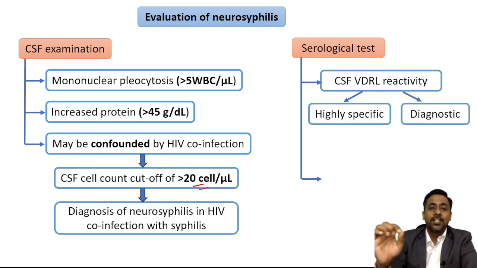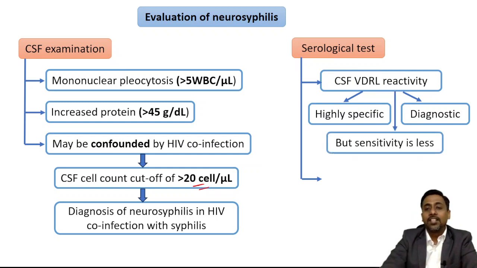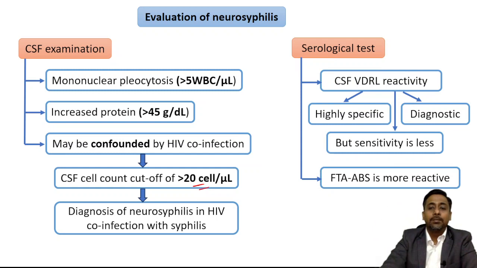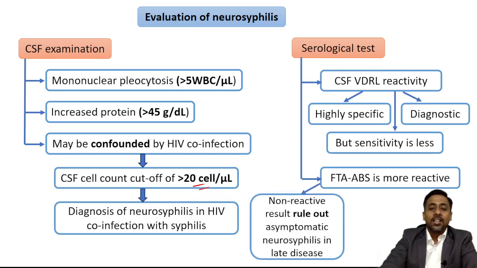So if CSF VDRL is reactive, it is diagnostic of neurosyphilis, but the sensitivity is less. FTA-ABS is more reactive compared to CSF VDRL in all the stages, and if a non-reactive result occurs with FTA-ABS, it will rule out asymptomatic neurosyphilis in late disease, but not in early disease because of absence of antibodies. Okay, so these are the tests which can be performed for evaluating a case of neurosyphilis.